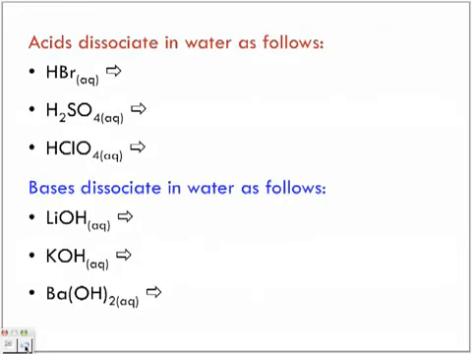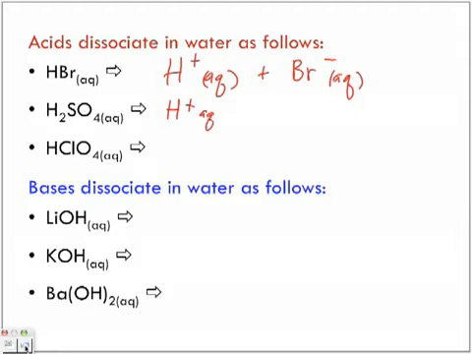Acids dissociate in water as follows. Hydrobromic acid will dissociate into the hydrogen ion and the bromide ion. Sulfuric acid will dissociate once.